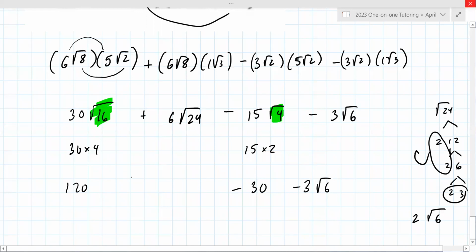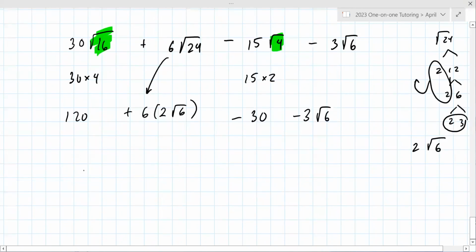So now the 6 on the outside, it's 6 times the 2 square root of 6, which means you're going to multiply the 6 and the 2. That's why I left it off to the side, just to deal with it later.